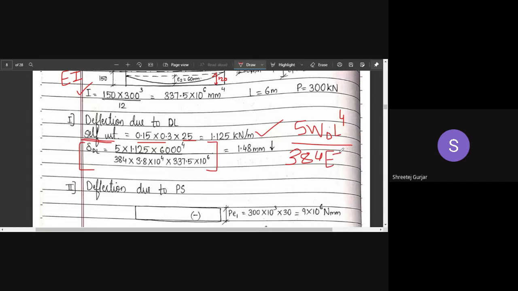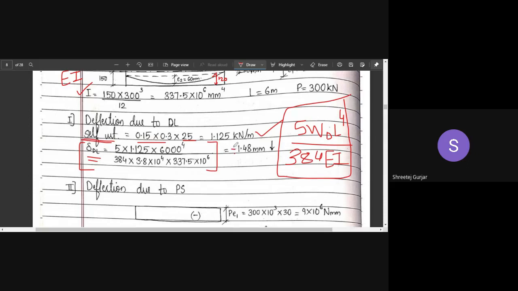Right. So this is for dead load, which is acting as a UDL. It is the same formula we used in the previous numerical. Whenever we have a UDL, we use this formula to calculate the deflection at center span. So we have substituted all the values in this formula and calculated.